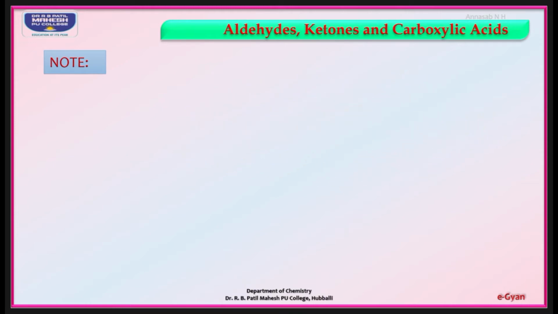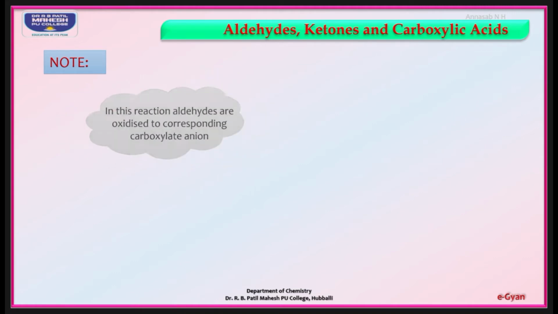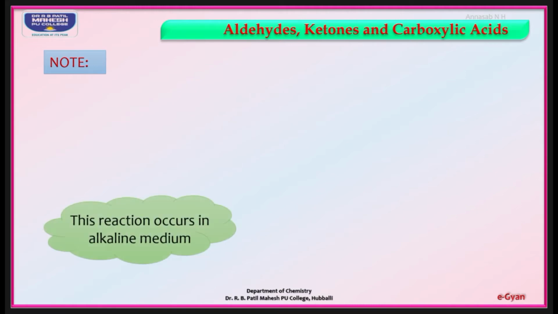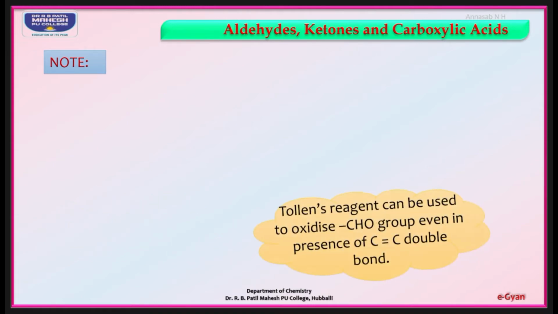Further, in this reaction, aldehydes are oxidized to corresponding carboxylate ion, and this reaction occurs in alkaline medium only. Tollens reagent can be used to oxidize CHO group present in the compound. Even though there is a presence of multiple bonds, they are not affected by the addition of Tollens reagent. So it is a characteristic test for CHO group, that is aldehyde group.